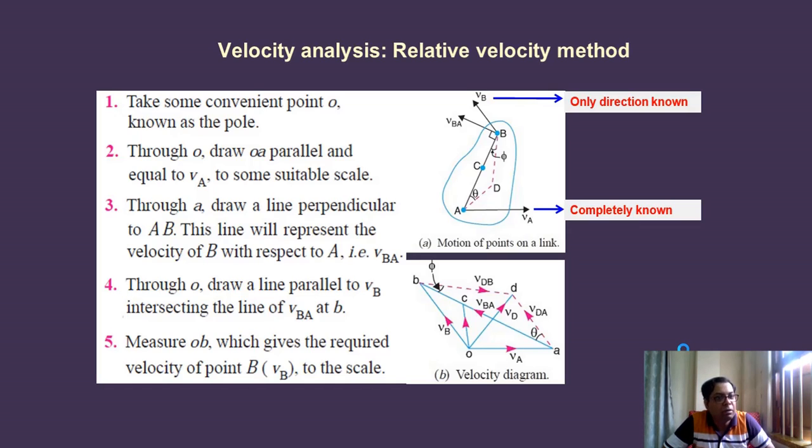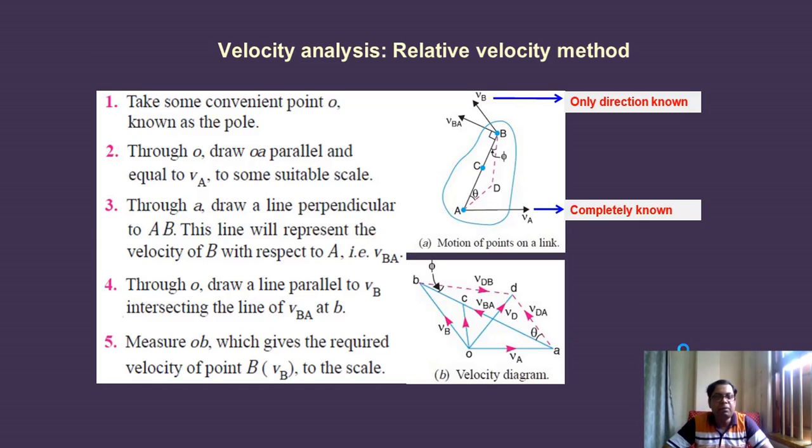Now through point A, we have to draw a perpendicular to AB. Capital AB is actually the link. This line will represent the velocity of B with respect to point A, that is VBA.